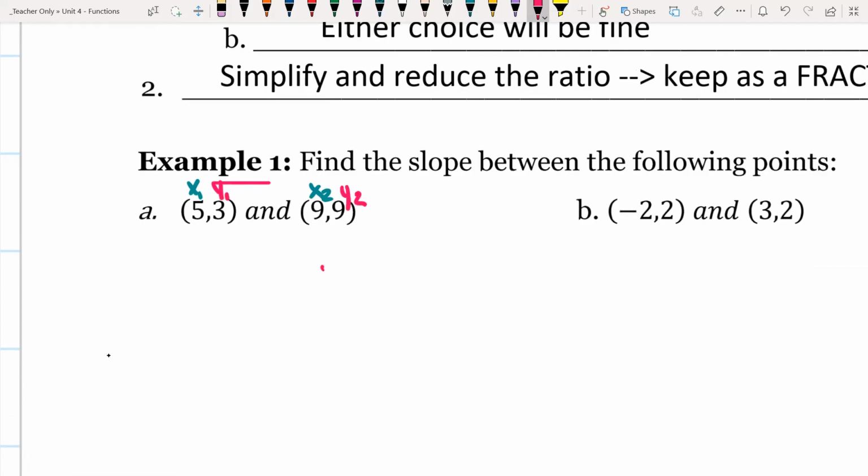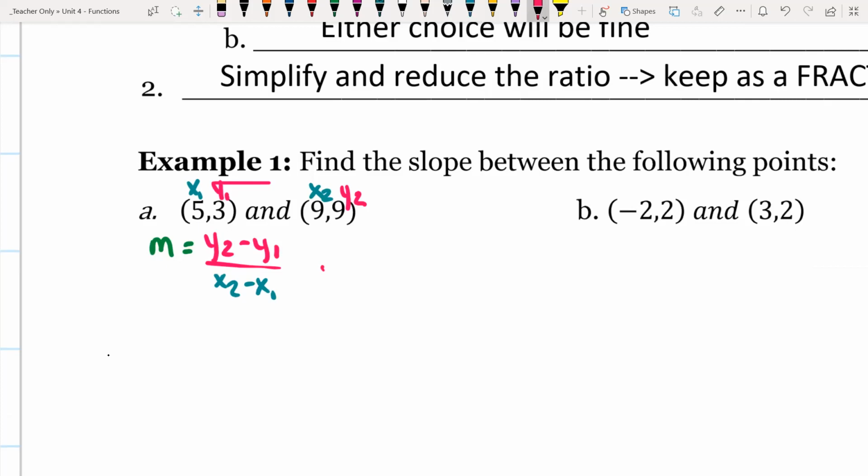That 2 just means 1 is the first one, 2 is the second one, because remember, our slope equation is y2 minus y1 over x2 minus x1. So that's why I always write them in the same colors. That way I know my y's are one thing, my x's are the next. And now you just subtract them.